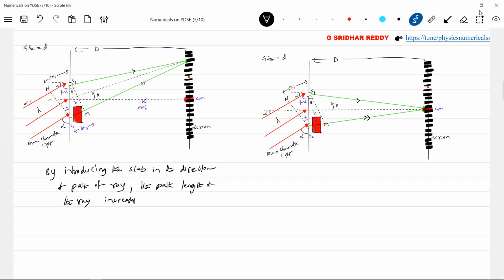And then what equation shall we write? The path difference delta x1 should be equal to the path difference offered by the slab. The net path difference should be 0. So I'll equate this. We know this is d sine alpha. What is the path difference due to the slab? This one, there's a minimum thickness.